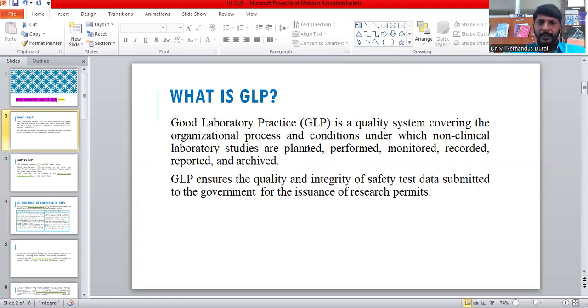Okay, so the GLP ensures the quality and integrity of safety test data submitted to the government for the issuance of research permits. The GLP only ensures the data are correct and monitored during the test.